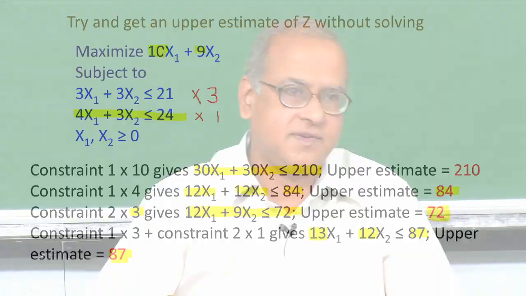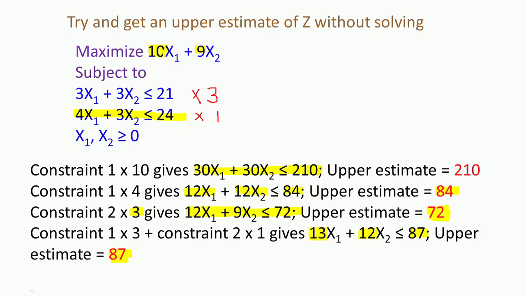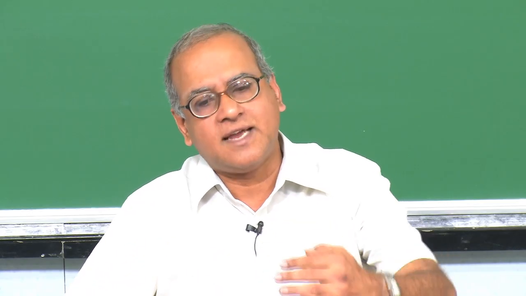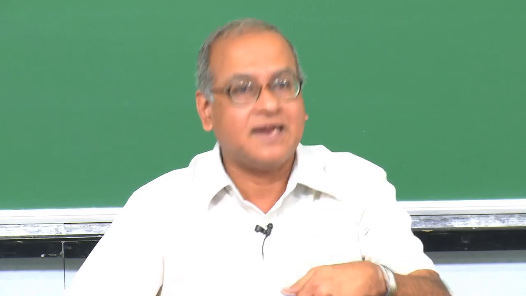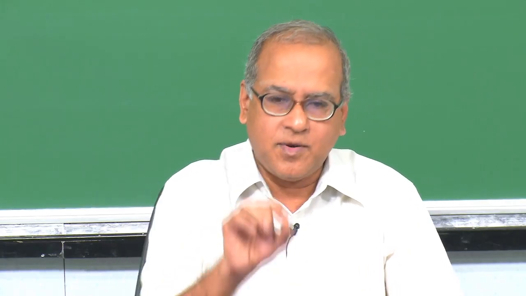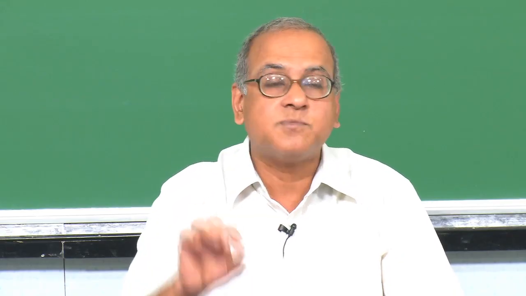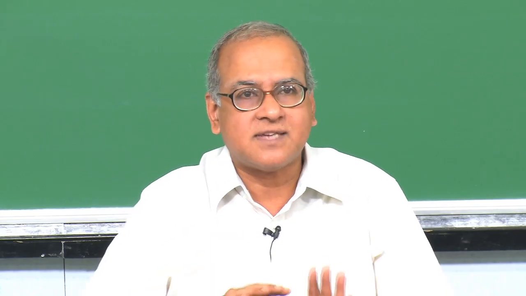So we have learnt one thing now instead of two. We started by taking one constraint at a time, but now we have said that if we take multiple constraints we can do the same thing, and we can also show that taking one constraint at a time is like taking more than one and giving a weight of 0 to some other constraint. So if we can take any subset of constraints, multiply them by a non-negative, in this case positive number, and add them, so that the inequality sign is not affected.